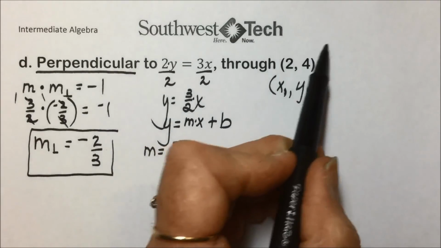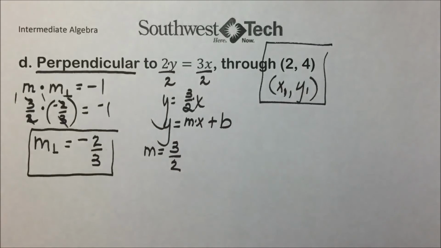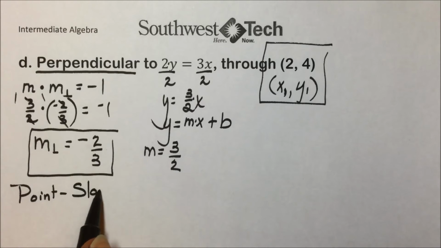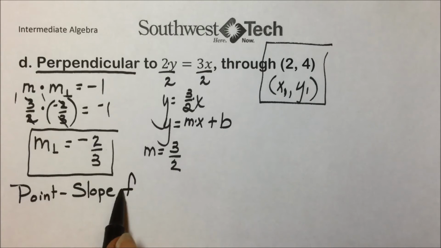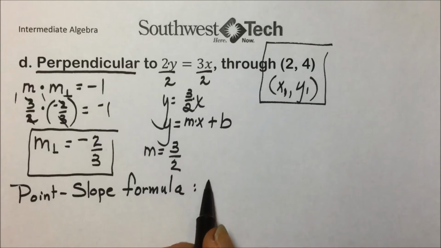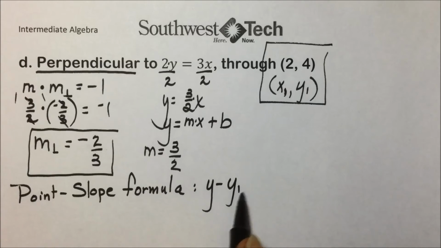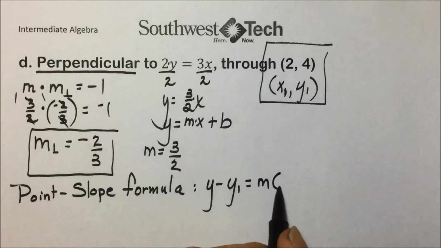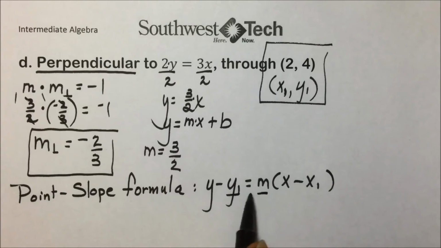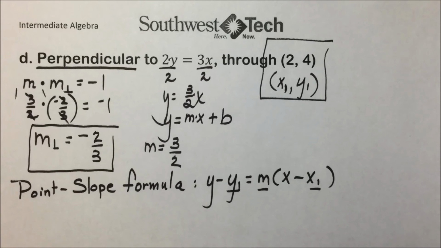And since we have a point and we have a slope, we will use the point slope formula. And the point slope formula is y minus y sub 1 is equal to m times x minus x sub 1. We replace the point and the slope to generate our equation.